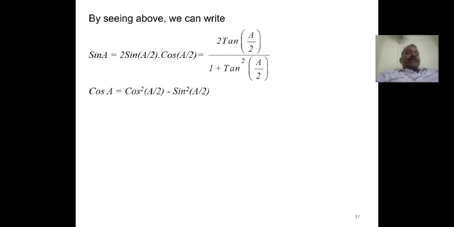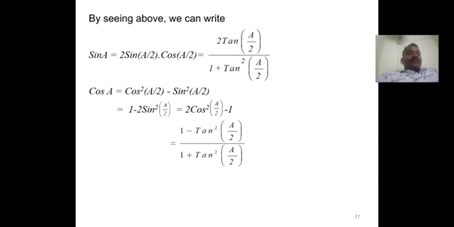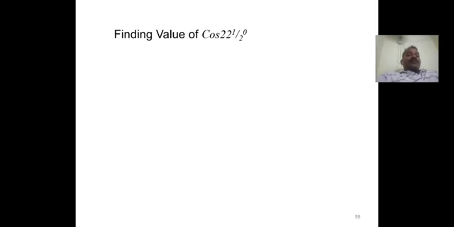And cos a is cos square a by 2 minus sin square a by 2, that equal to 1 minus 2 sin square a by 2, that equal to 2 cos square a by 2 minus 1, that equal to 1 minus tan square a by 2 by 1 plus tan square a by 2. And tan a is 2 tan a by 2 by 1 minus tan square a by 2. These are the principles of a in terms of a by 2.